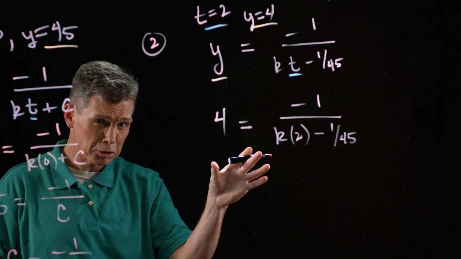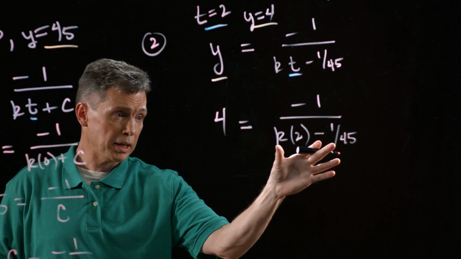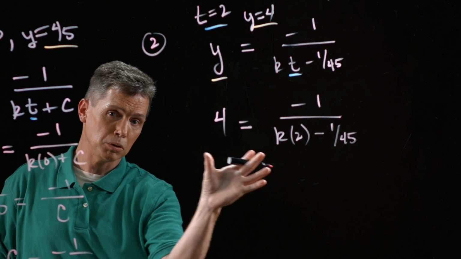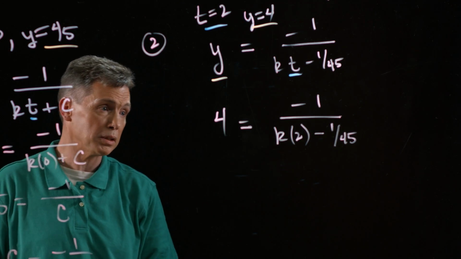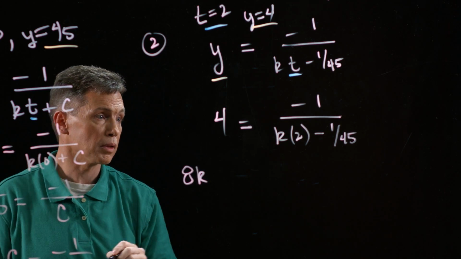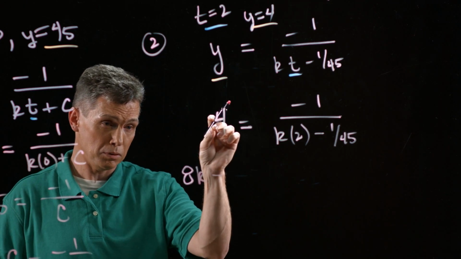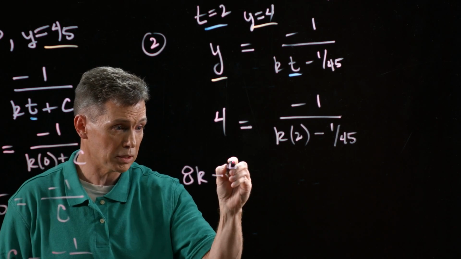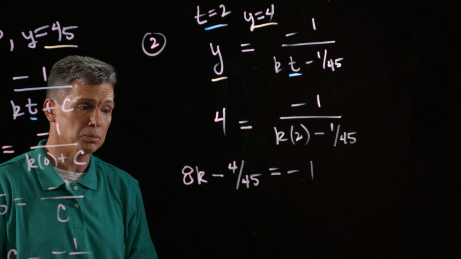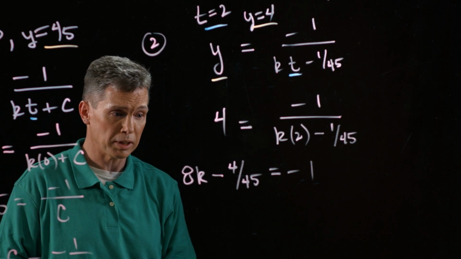Now I just have to do some algebra. And I'm trying to solve for k. I think my first algebraic step here would be to multiply that denominator over to the left-hand side of the equal sign. So I would have the 2k times 4. And I'd also have a minus the 4 times the 1 over 45 to equal minus 1. Trying to solve for k.